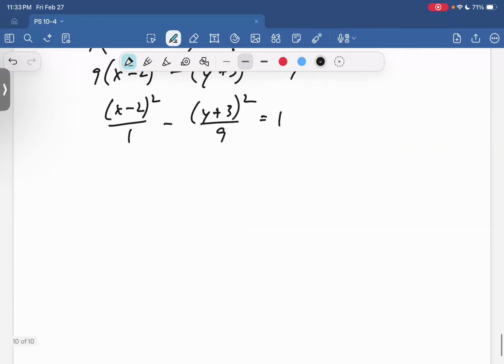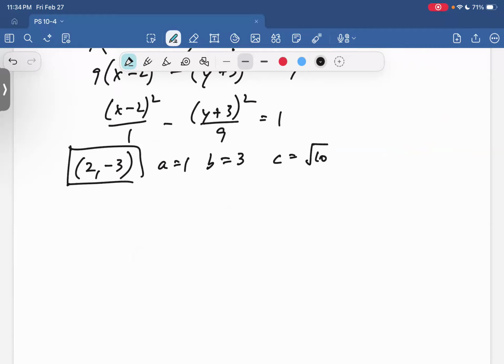Okay, so my center is 2, -3, a equals 1, b equals 3, so c equals root 10. My vertices, this is horizontal, so I'm going to add 1 and subtract 1 from 2.